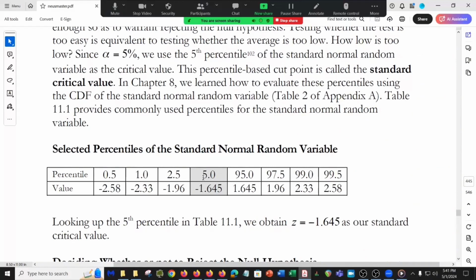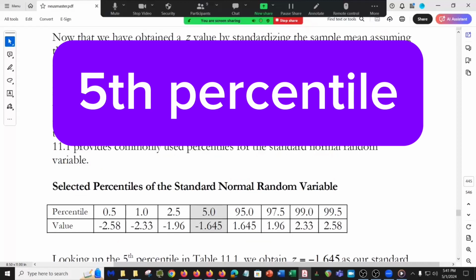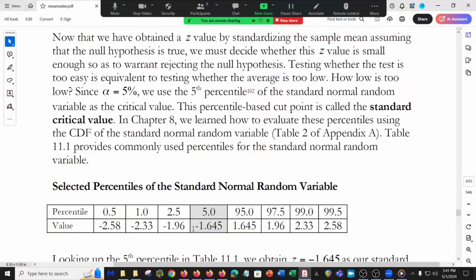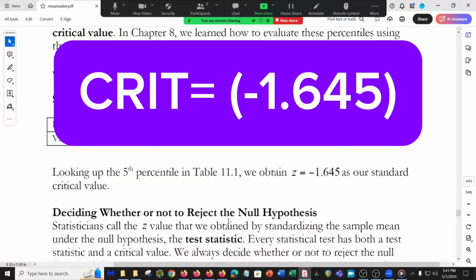And if we're going to do this at the 5% significance level, then we are going to use the 5th percentile. Okay? So if we look up that table in the back of the book and we find the 5th percentile of the standard normal distribution, you see we get a value of negative 1.645 as our critical value.